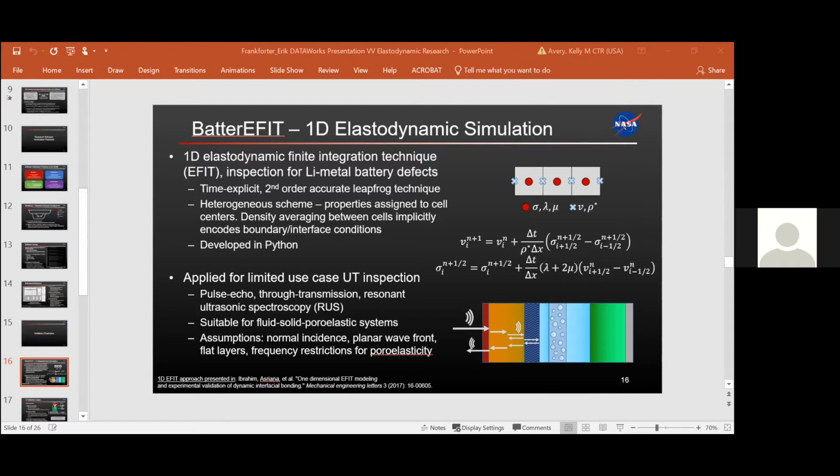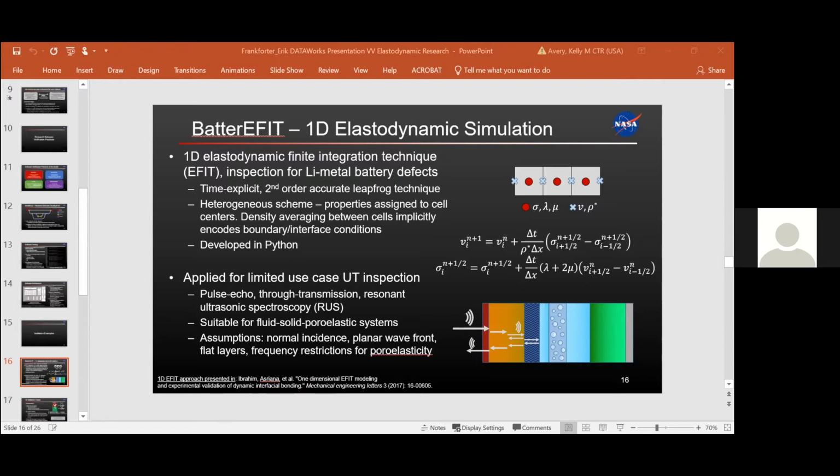This is a time-explicit second-order leapfrog technique, and this was important for us in transitioning to our 3D models because it implies a heterogeneous scheme for the interface and boundary conditions. That's rather than explicitly specifying a boundary condition, it's encoded by specifying equivalent media properties, and here an effective density.